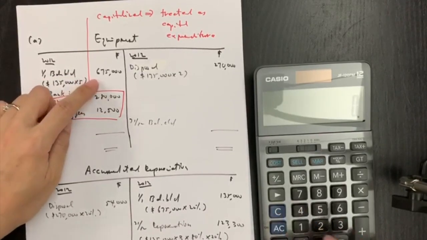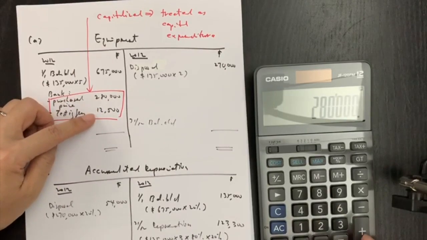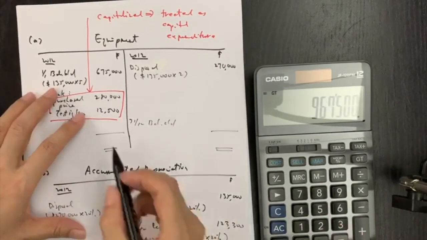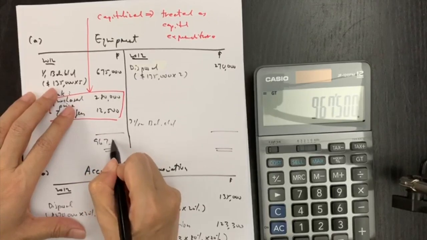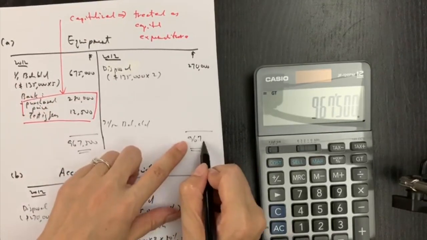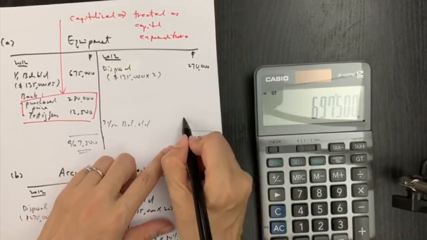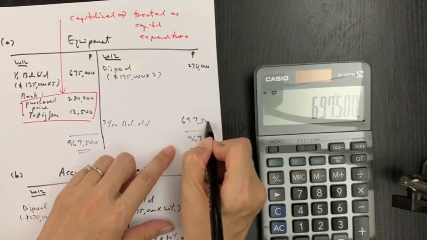Oh, sorry. Plus, okay, so this is 967,500, 967,500, and then minus here, so 697,500.